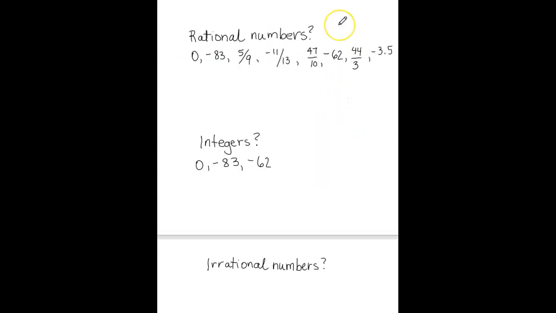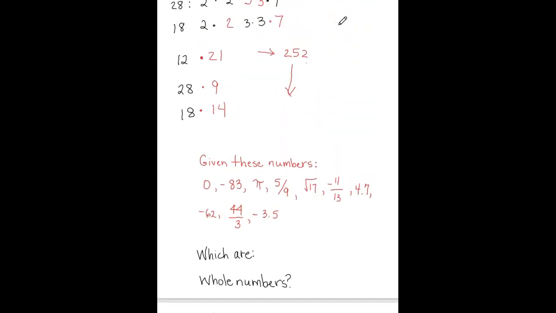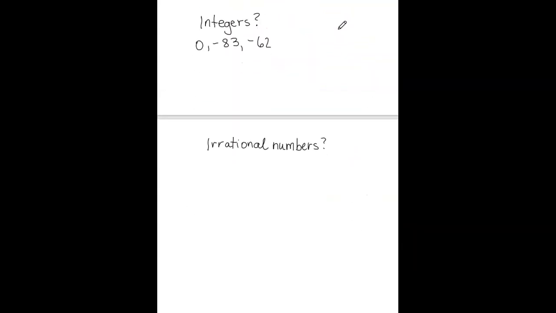I don't think I had any other integers. Nope, that's it. So our integers are, as I say, anything that's a whole number or its opposite. It's going to have a negative value, or it's from 0 going up by 1.